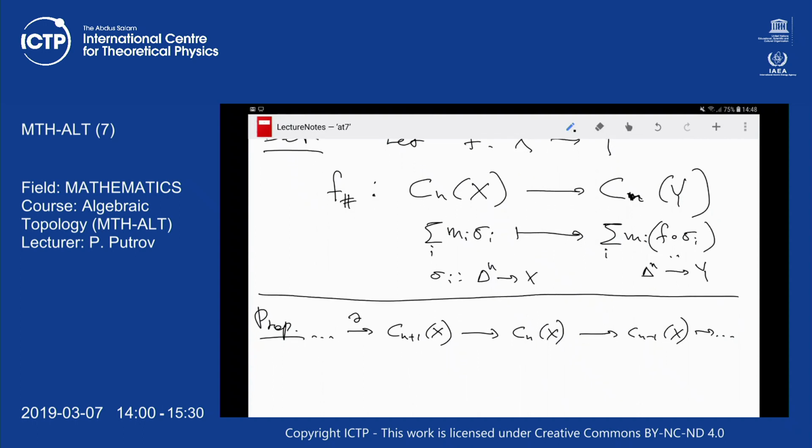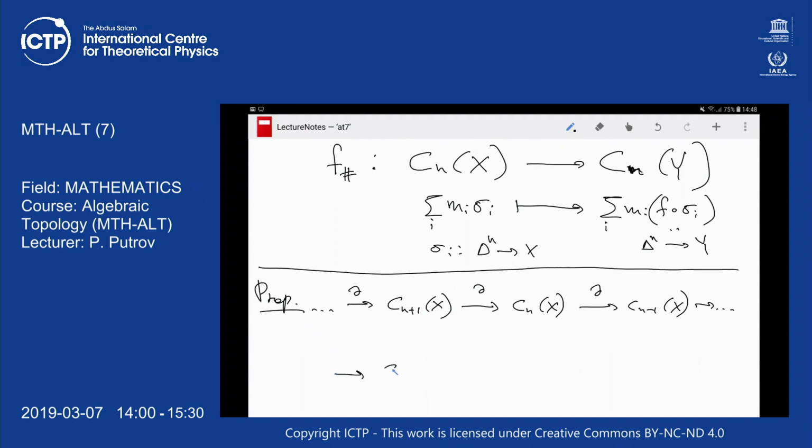Very often, when it's clear how the boundary homomorphism acts, people suppress the explicit index and just write D. And then we have the same thing for Y. Again, we heavily overuse this notation D, but of course all these maps are different because they are between different abelian groups.